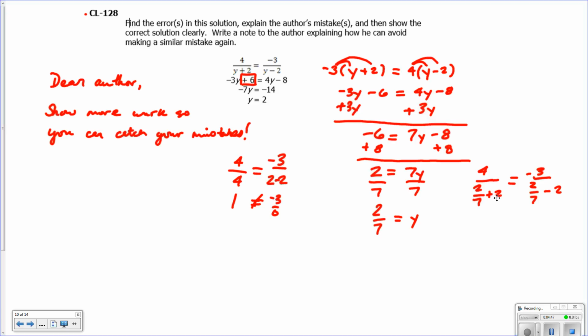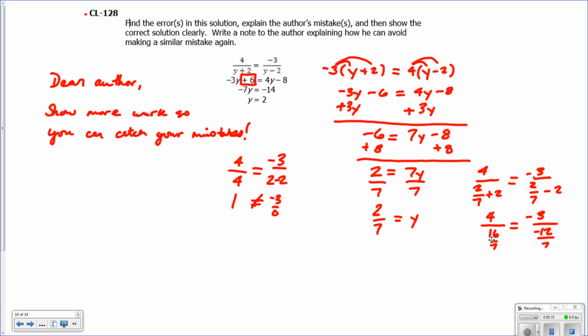Well, 2 is the same thing as 14 sevenths, so what we really have here is 4 over 16 sevenths. And that should actually end up equaling negative 3 over 2/7 minus 14/7 would be negative 12/7.